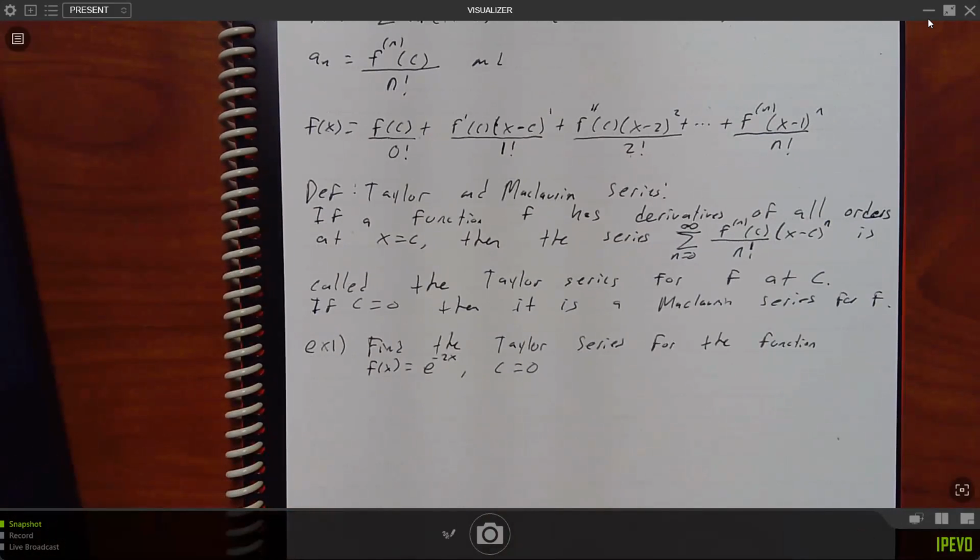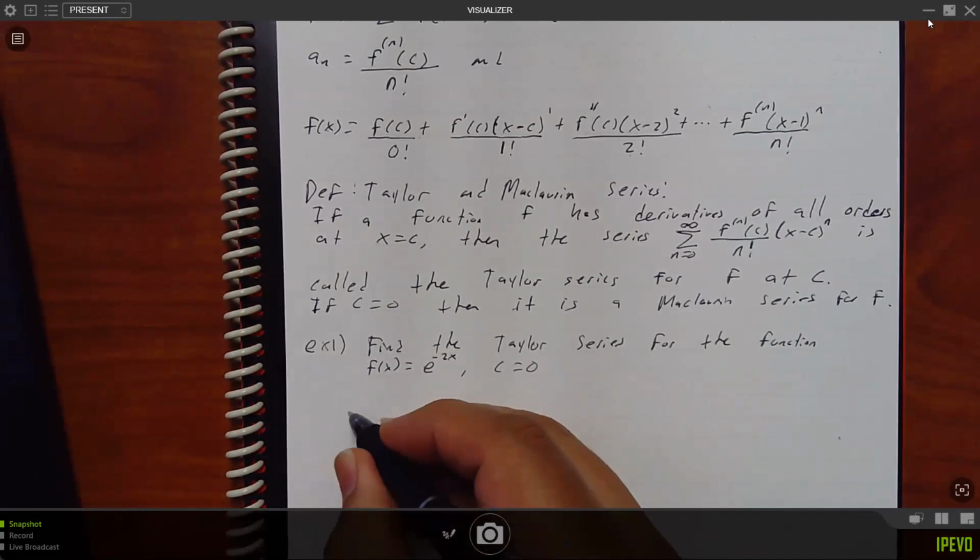I think he'll get mad if we call it something else. Haunted by mathematicians. All right, so the procedure is you have to take a bunch of derivatives and then find the pattern. Once you create that pattern, that's going to be f to the n. And then you plug it into that formula up top. So this is a little difficult.